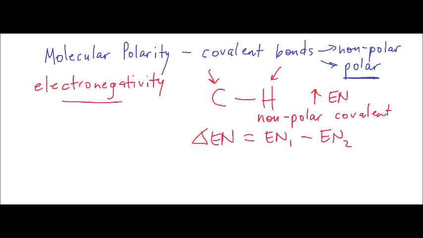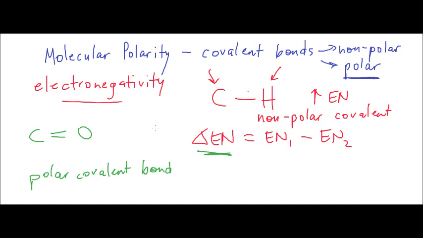So let me pick a different color here. Something like carbon double bonded to oxygen. So what we have here is a polar covalent bond. And again, refer to my other video when talking about changes in electronegativity regarding identifying these polar covalent bonds.